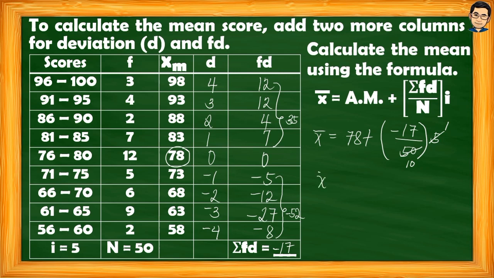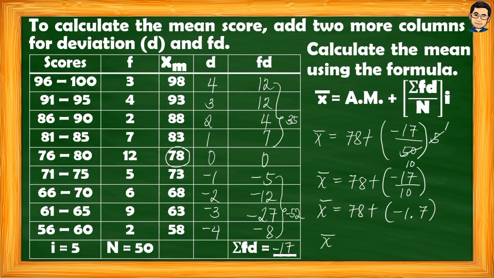Next, 78 plus negative 17 all over 10. 78 plus negative 17 over 10, basically negative siya, that is negative 1.7. So, since positive and negative, so i-subtract natin and then follow the sign of the bigger value. So, yung mean natin is 76.3.